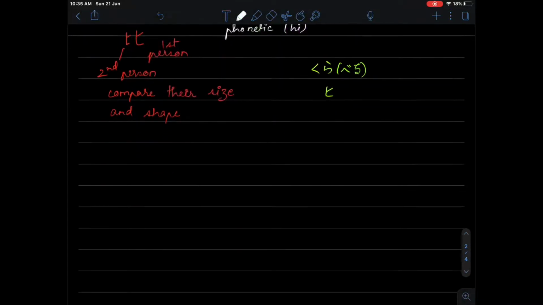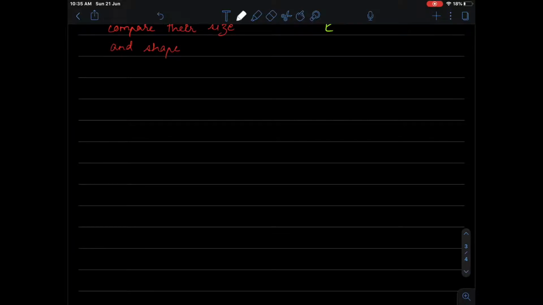Now let's have a look at some words. This will be read as muhi, that is to say without comparison, or incomparable, or peerless, unparalleled.